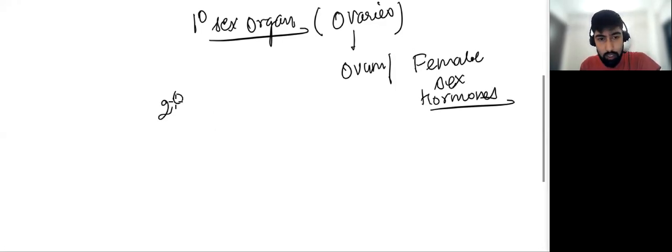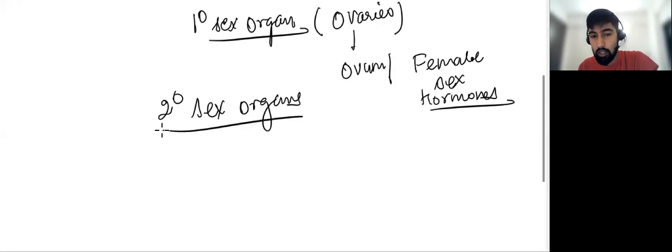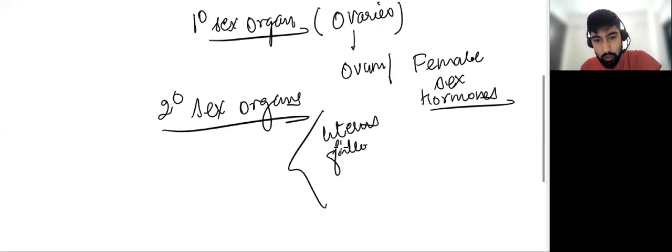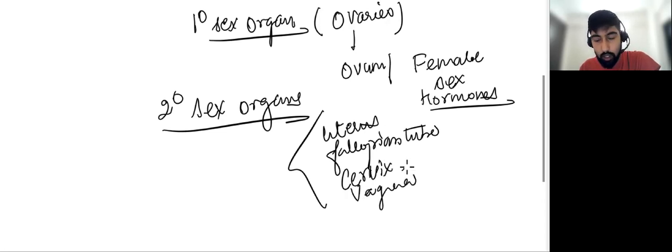Then we have the secondary sex organs. What are these secondary sex organs made up of? Uterus, fallopian tube, cervix, and vagina. And mesentery. What is this mesentery?